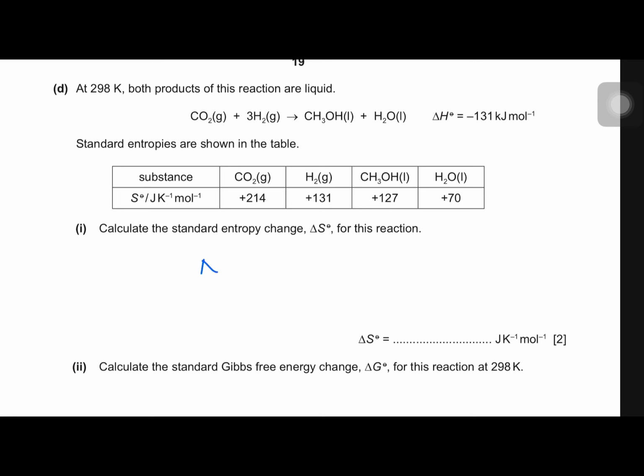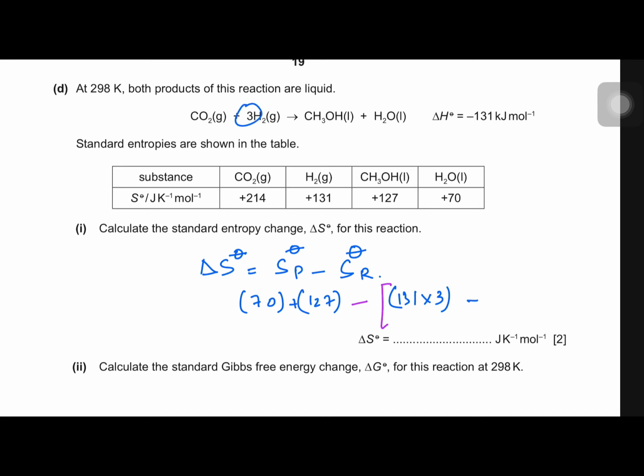So standard entropy change is equal to entropy of products minus entropy of reactants. So what we can do is put the value of the products, which is 70 and 127, minus the value for hydrogen, which is 131 times 3 because it's 3 moles, and 214, which is 1 mole.